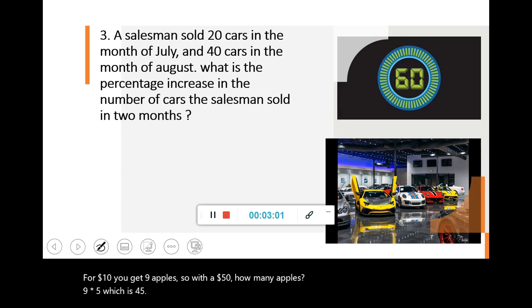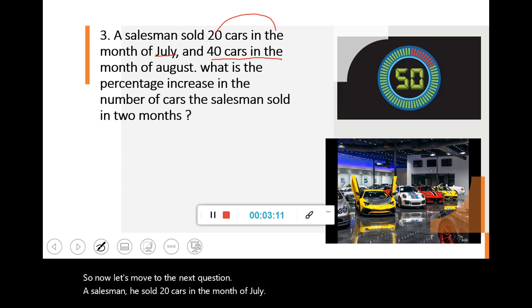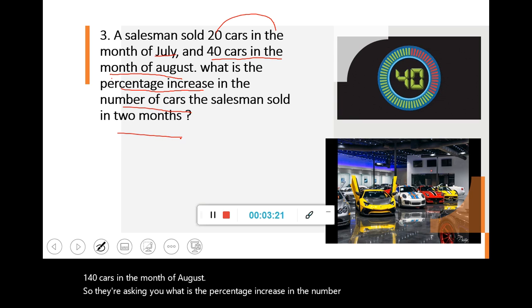So now let's move to the next question. A salesman sold 20 cars in the month of July and 40 cars in the month of August. They're asking what is the percentage increase in the number of cars he sold in the 2 months.